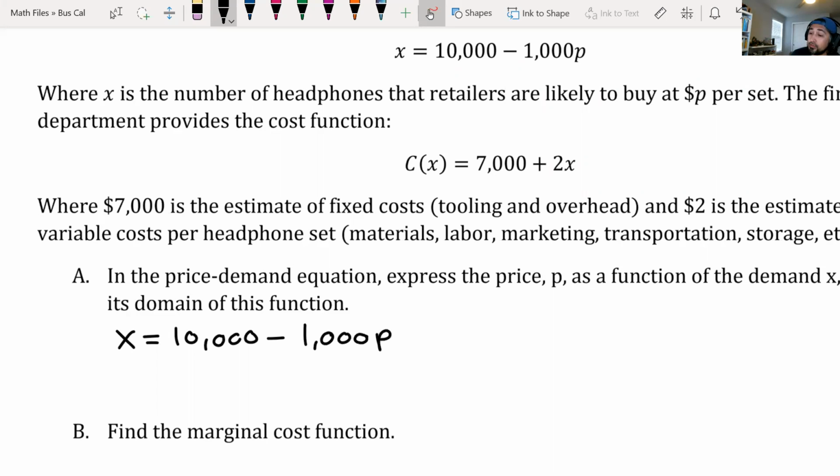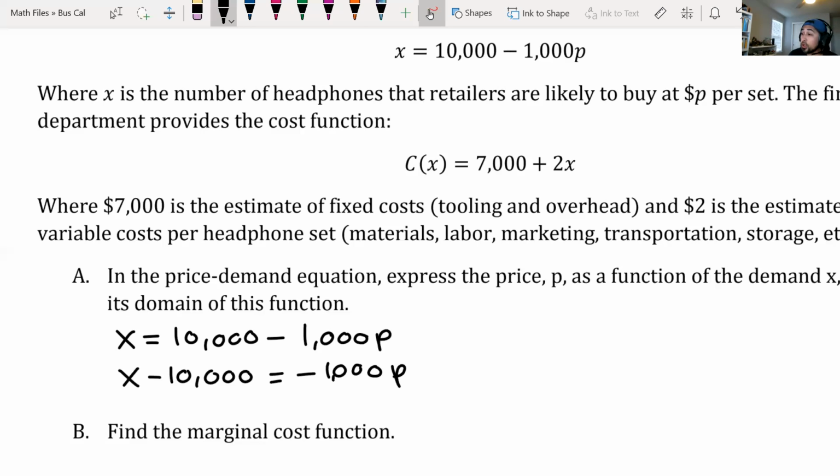So the first thing to move over is that 10,000. So we're going to have x minus 10,000 equal to negative 1,000p.